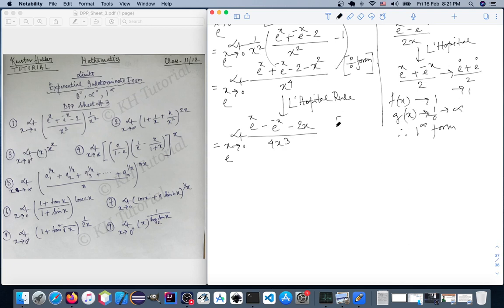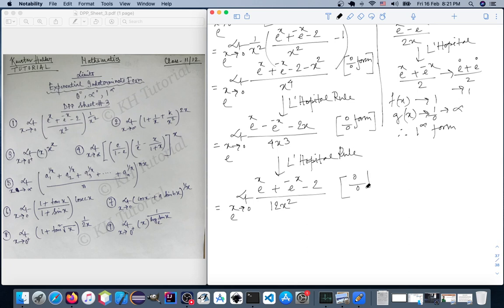It is still of the form 0 by 0, and we can further apply L'Hopital's rule. And we get e to the power limit x tends to 0, (e to the power x plus e to the power minus x minus 2) by 4x square. Again we are having a 0 by 0 form, and we further apply L'Hopital's rule.